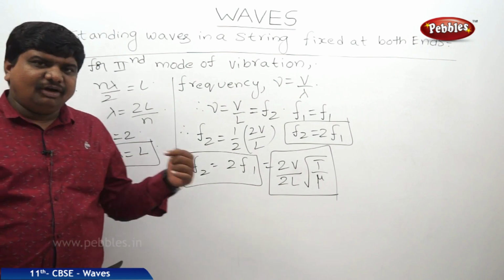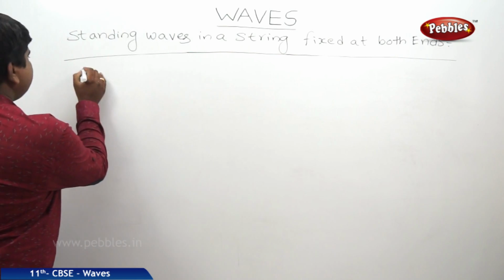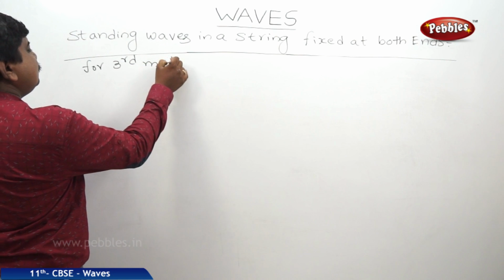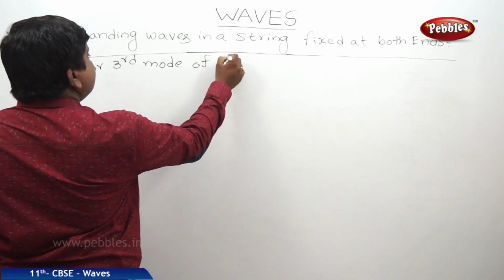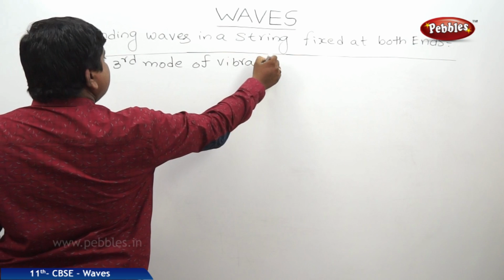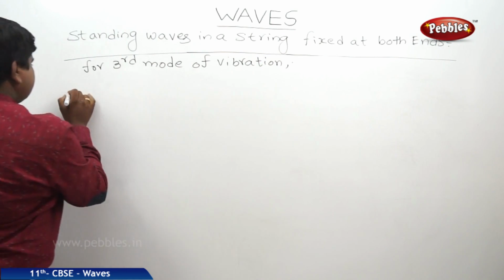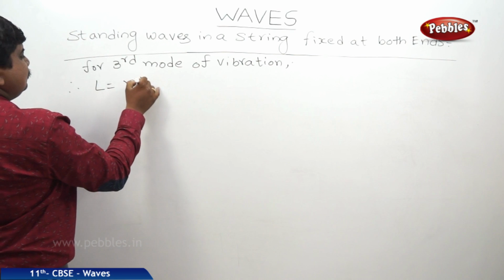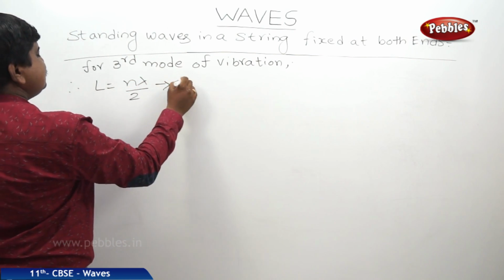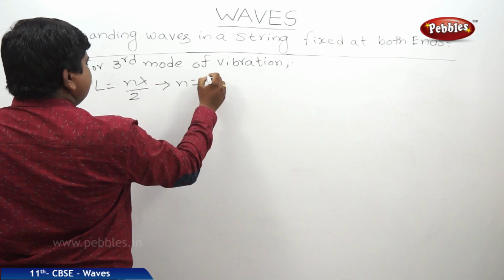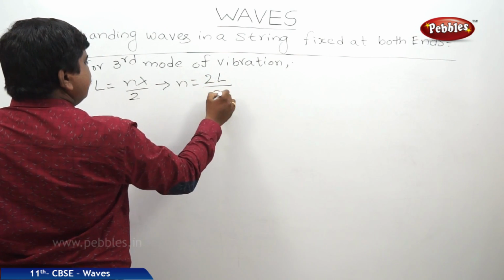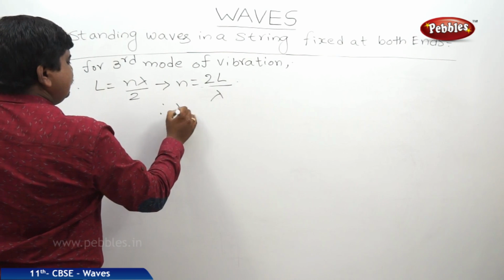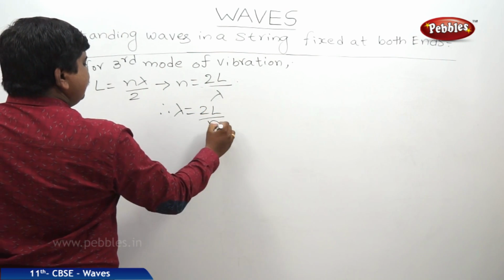We will check the third mode of vibration now. We know that L is equal to n lambda by 2. From this, n is equal to 2L by lambda, and lambda is equal to 2L by n.